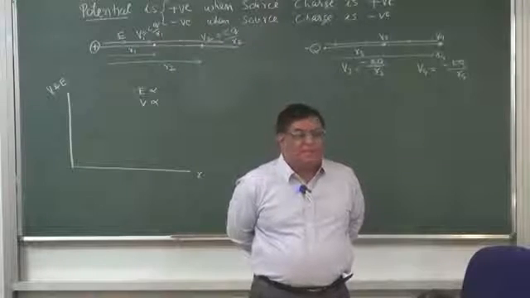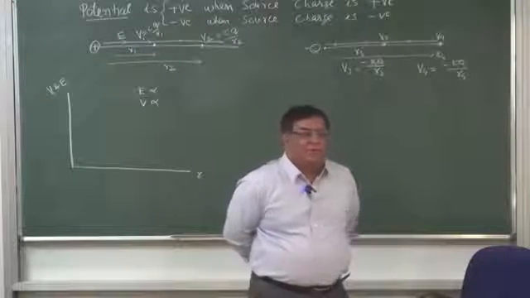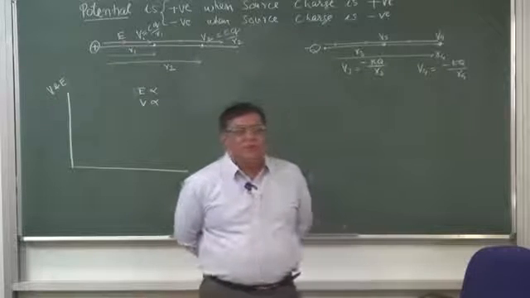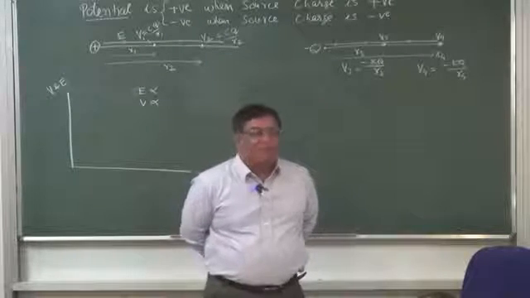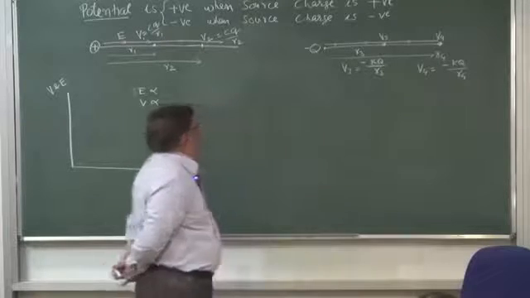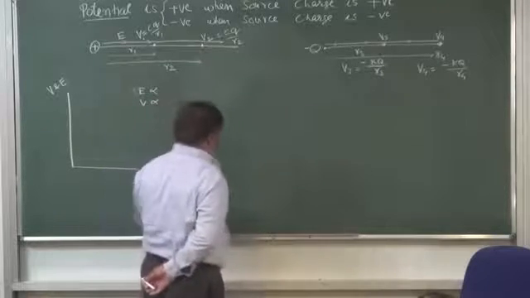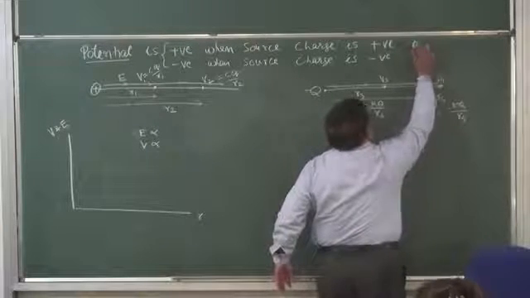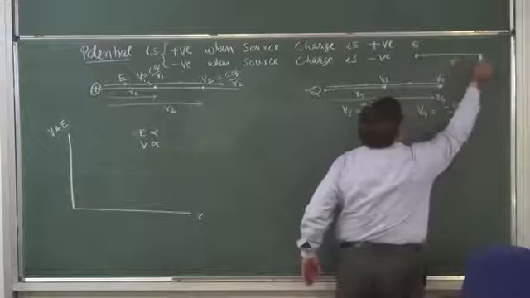We have seen in the previous class the relation of distance with potential with respect to a source charge. There is a source charge Q at a certain distance r.